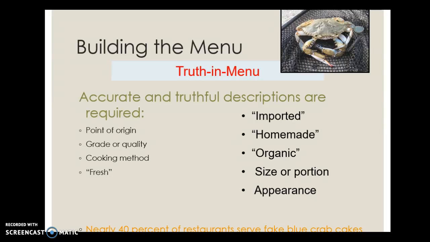Organic is another one. Now we do have some more strict guidelines, and we'll talk about this especially with poultry and with vegetables later on. But still, the organic sector is pretty open. So a lot of people can say, all right, I'm organic. I practice everything organic. I don't use pesticides.